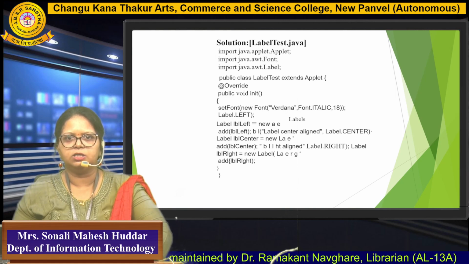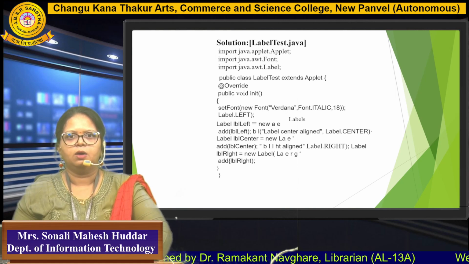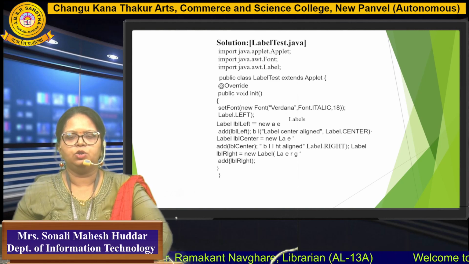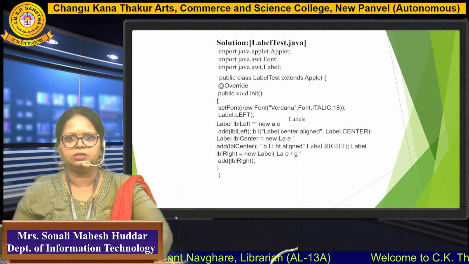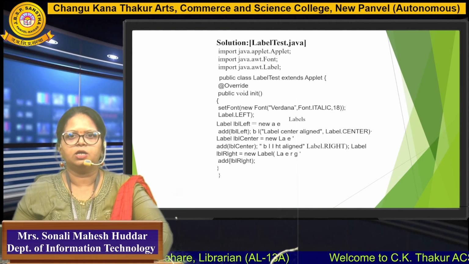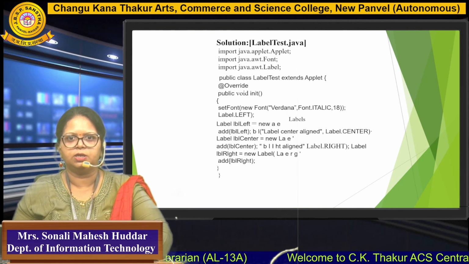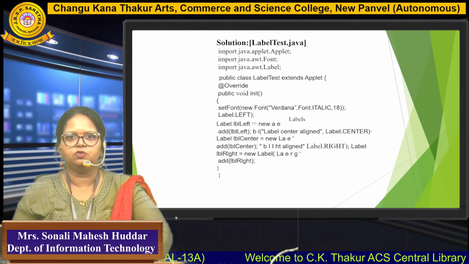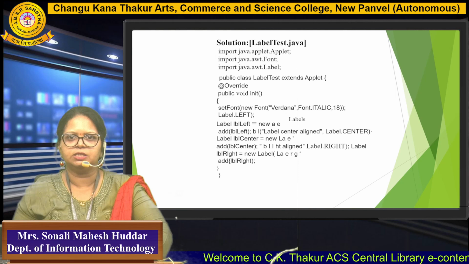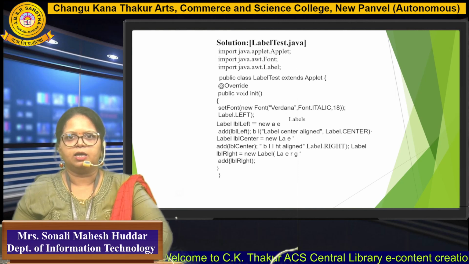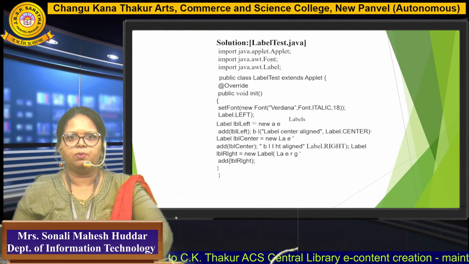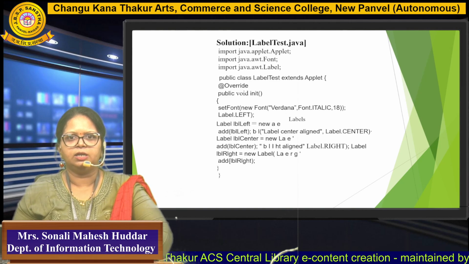Inside the init method you set the font for your text. setFont is the method for that. You provide new Font as the class, then the font name, that is Vardhana, the font style, that is Font.ITALIC, and the font size, that is 18. Then you provide the label.